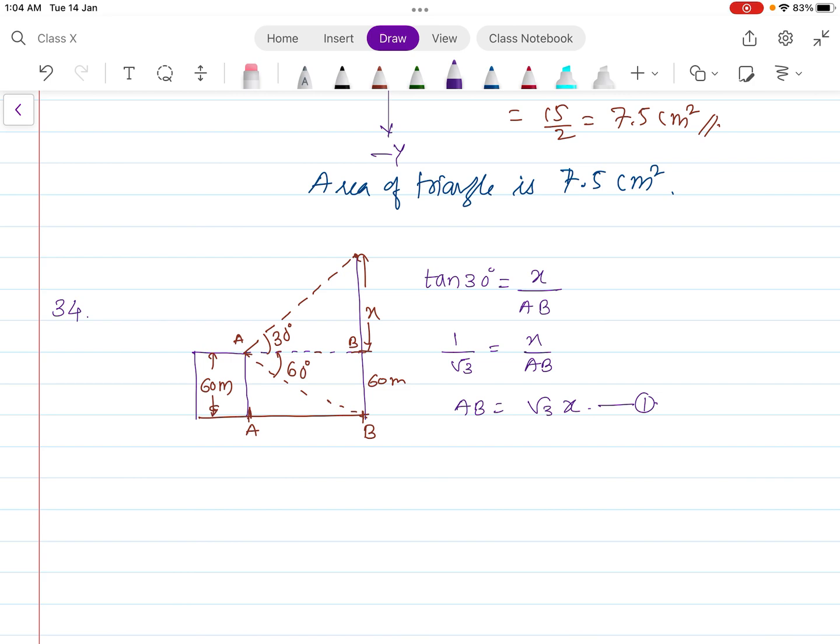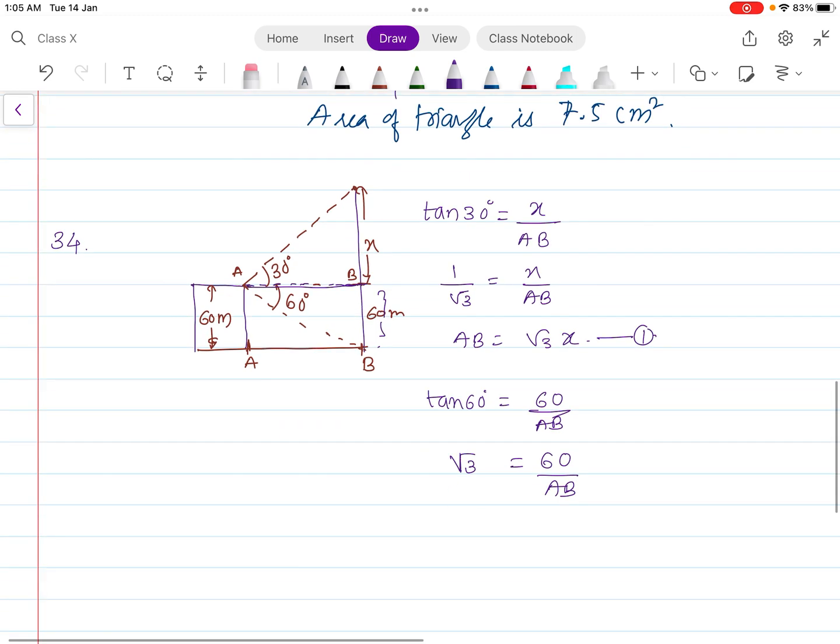Then second, we can write for the 60 degree, the other triangle that is formed. So tan 60 degrees will be equal to opposite, which is this 60 meters, and base, which is again the same base AB. So tan 60 is root 3, equals 60 by AB.